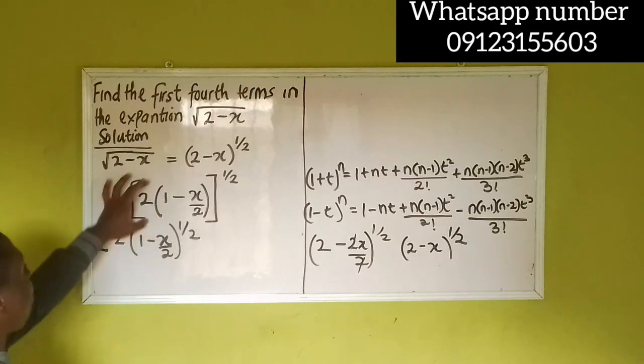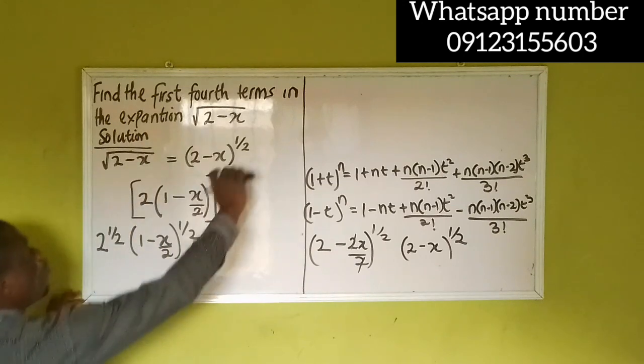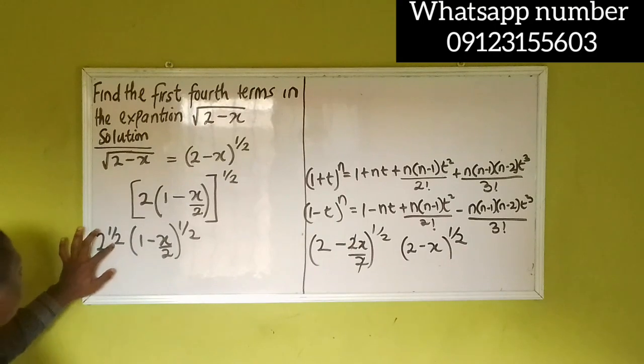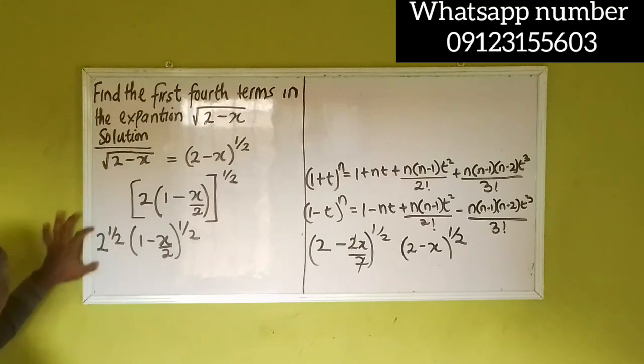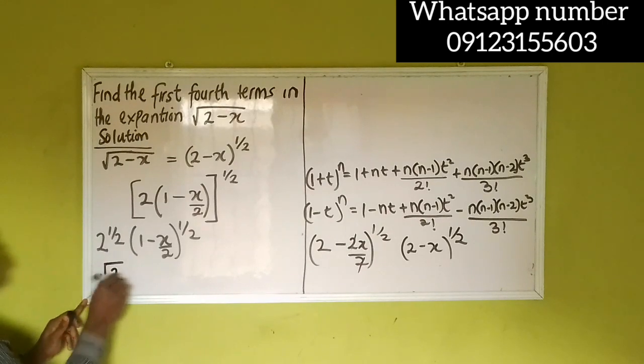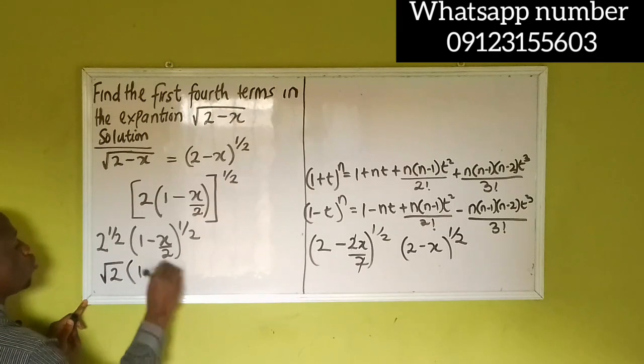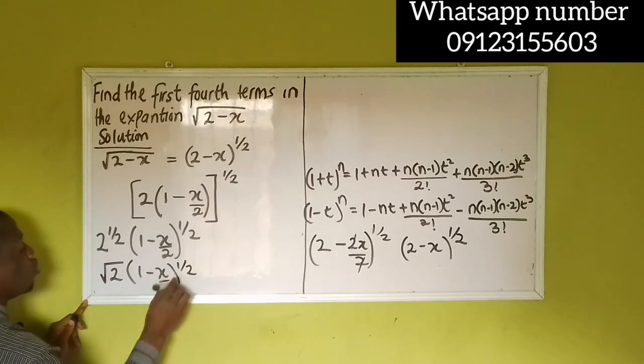I apply indices, so this one will come up here, while this will come up here. I can express this as root 2 into 1 minus x over 2 to the power of 1 over 2.